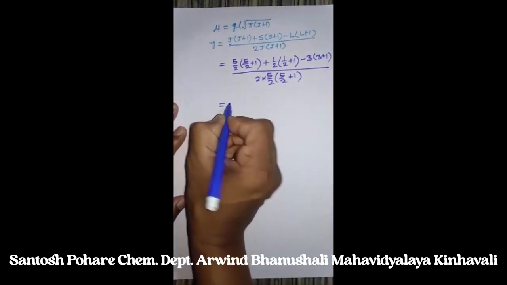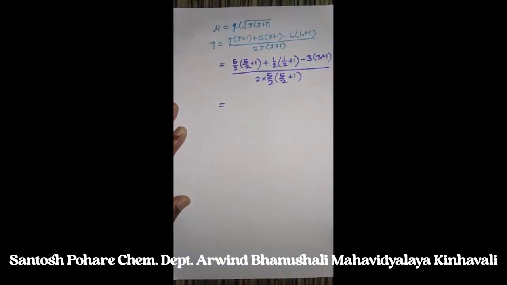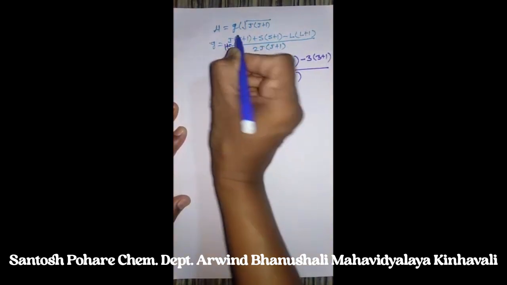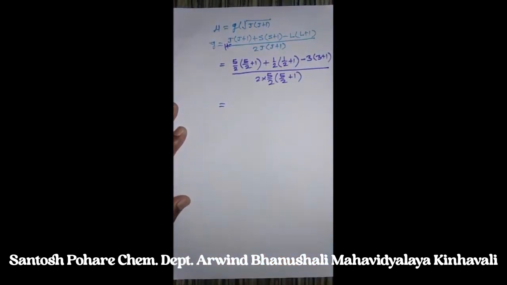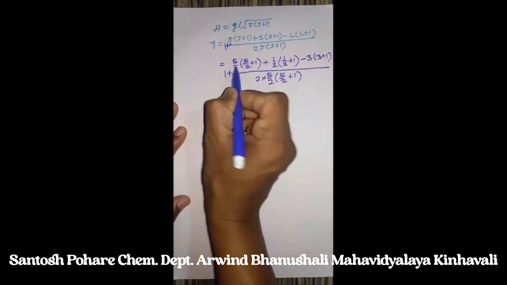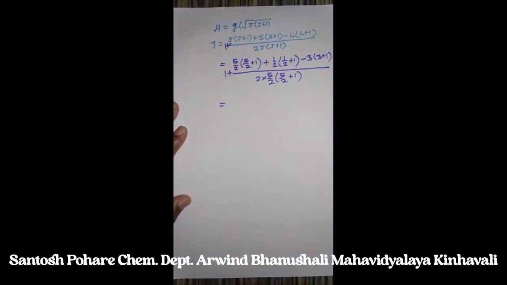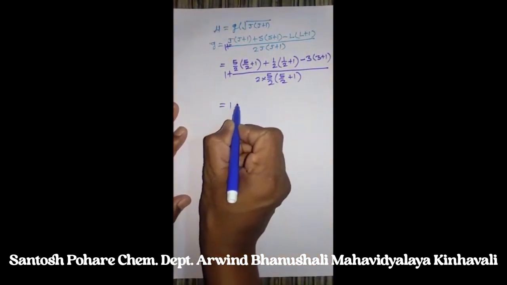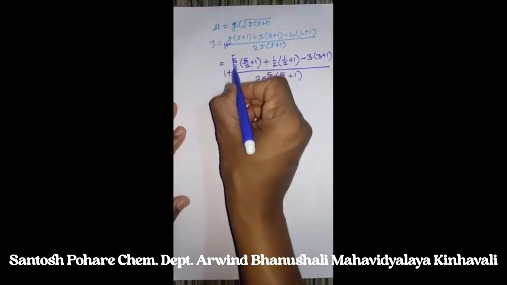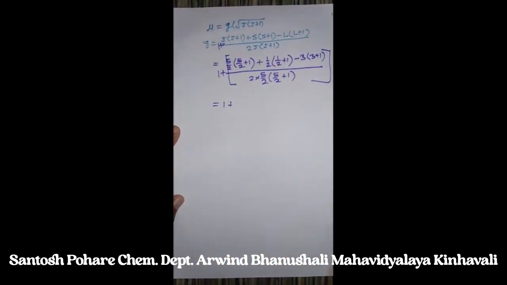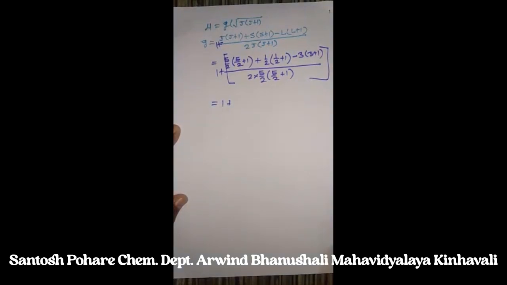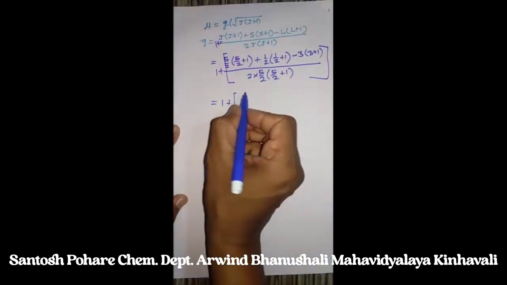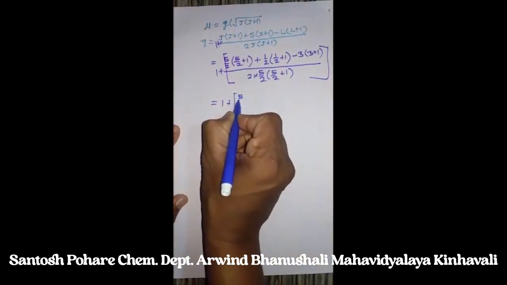If we simplify these equations, then the formula for g is 1 plus, so here 1 remains to be added. Now we have to simplify this one, and later on we add that, it remains as it is. First of all, we have to solve this whole square bracket, right? So 1 plus, we solve this bracket first of all. Okay, so it is very simple, that is 5 by 2 as it is.